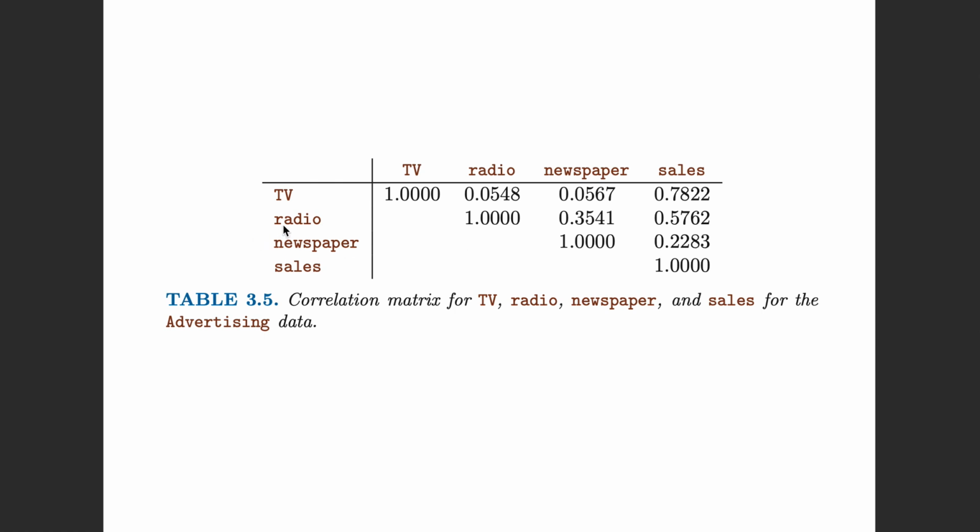On the other hand, radio and newspaper are correlated. I mean, 0.35 is not 0, it's not 1, but it is a reasonable amount of correlation.